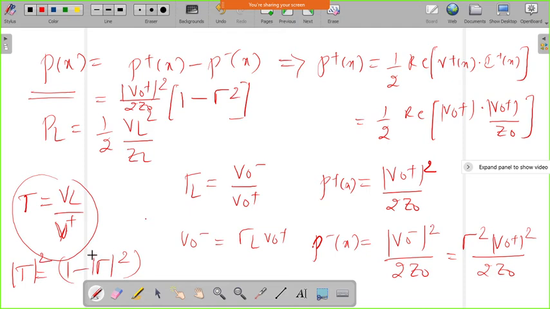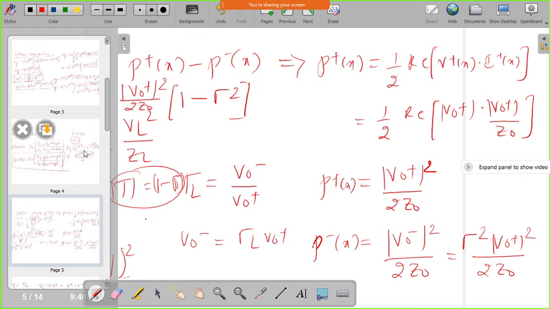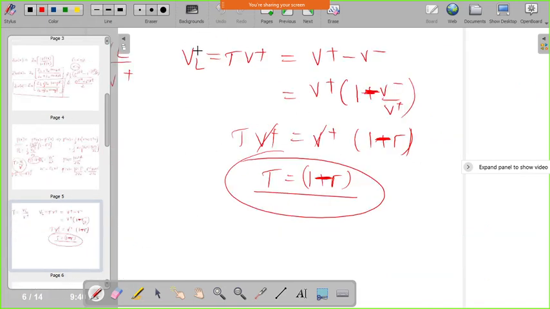This is not only gamma square, it is the whole square, 1 minus gamma whole square. Or you can write the transmission coefficient as 1 minus gamma. That will be derived through this equation. So this is the derivation.